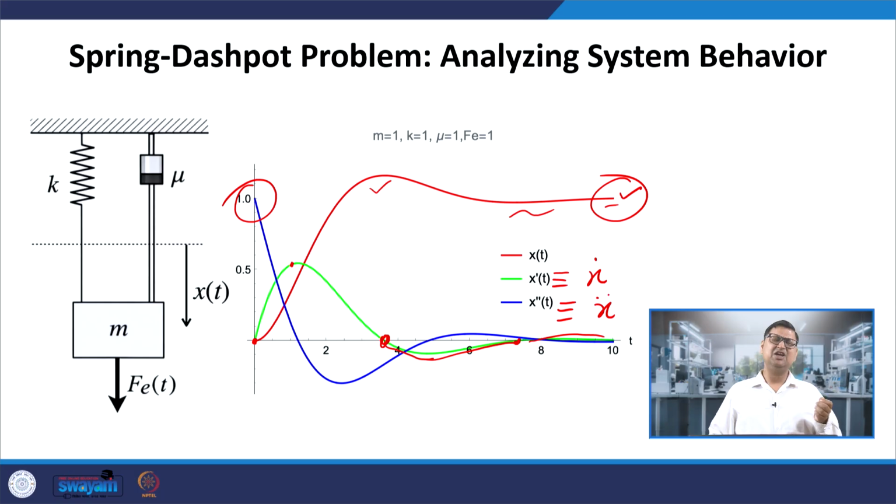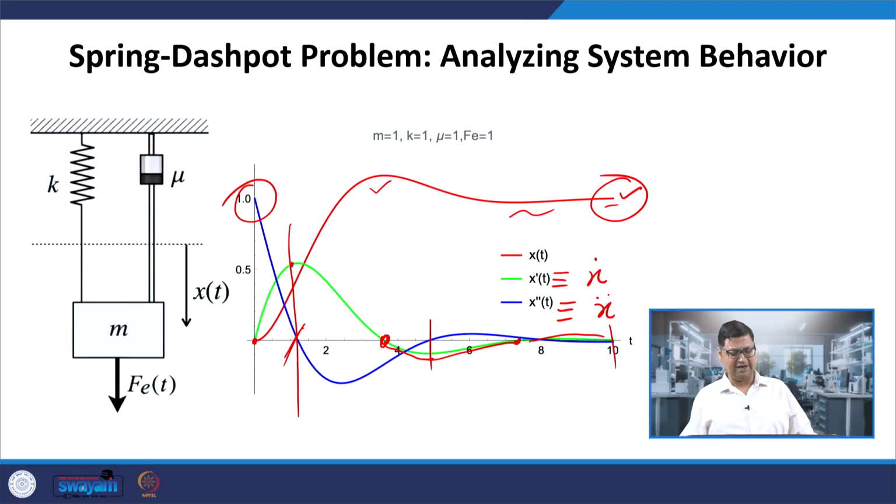So at time t equal to 0, the position was 0, velocity was 0, but the acceleration was positive, right? And acceleration also decreases as it is going down. Eventually acceleration also becomes 0, pretty much the same position where the velocity peaks, right? And after that the velocity starts to decrease, so acceleration has to be negative, and eventually it will again go to 0.